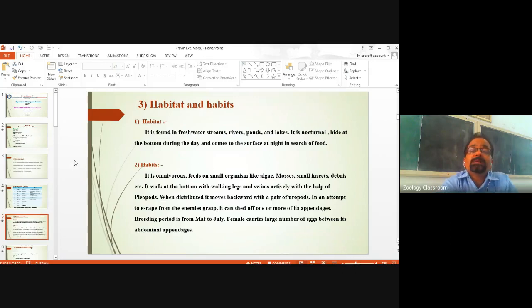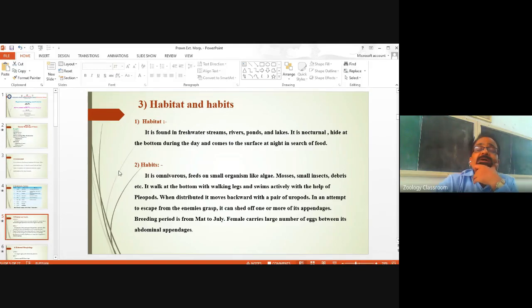Now, habitat and habits. As I mentioned, it is freshwater, found in streams, rivers, ponds, lakes. It is nocturnal, active during night. It hides at the bottom during the daytime and comes to the surface at night in search of food. So it is very much active during the night.